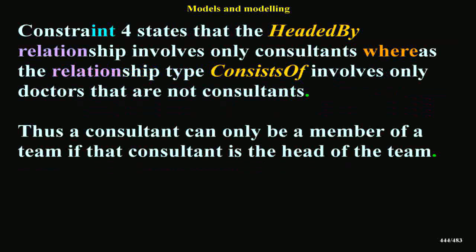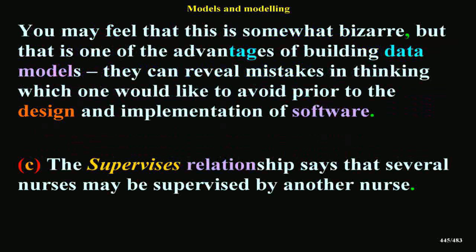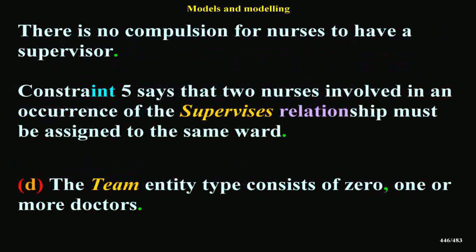Thus, a consultant can only be a member of a team if the consultant is the head of a team. You may feel that this is somewhat bizarre, but that is one of the advantages of building data models. They can reveal mistakes in thinking which one would like to avoid prior to the design and implementation of software. C. The supervises relationship says that several nurses may be supervised by another nurse. There is no compulsion for nurses to have a supervisor.